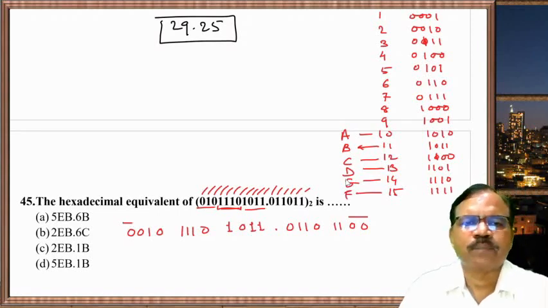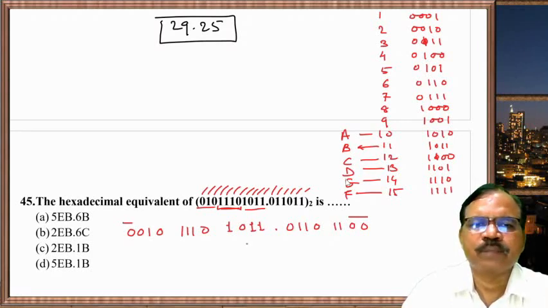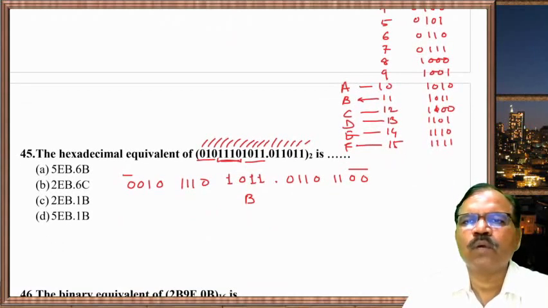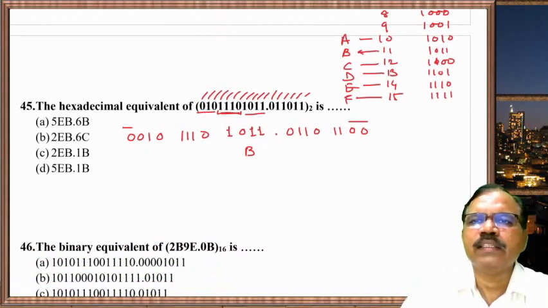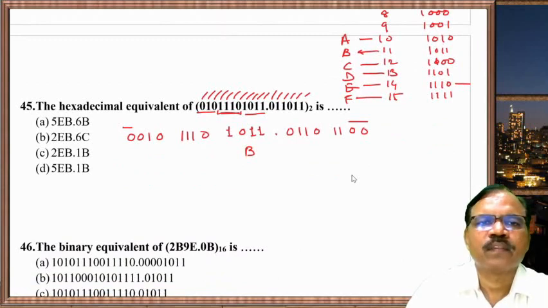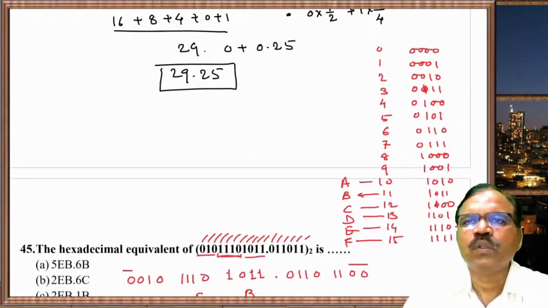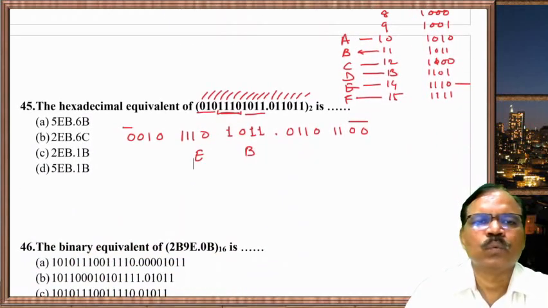Now see here 1011. 1011 is B. 1110, you will get E. And 0010, that is 2.